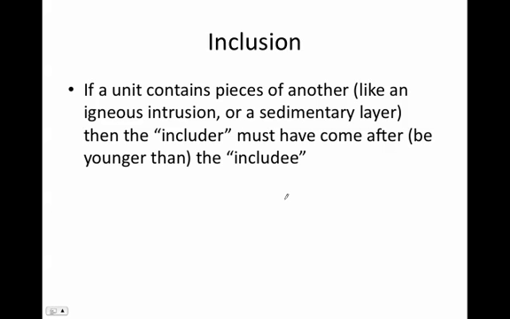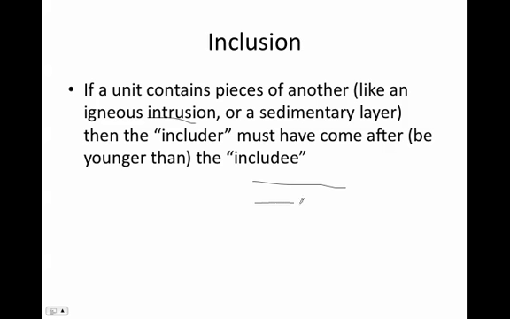Now sometimes magma, as you know, can get up into the crust, and we call that an inclusion. So an igneous intrusion might come into a sedimentary layer, and when it does, what we say is the includer, which is the igneous, must have come after the includee, which would be the sedimentary rock.